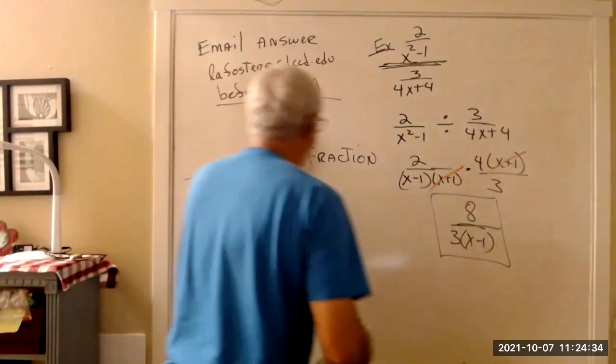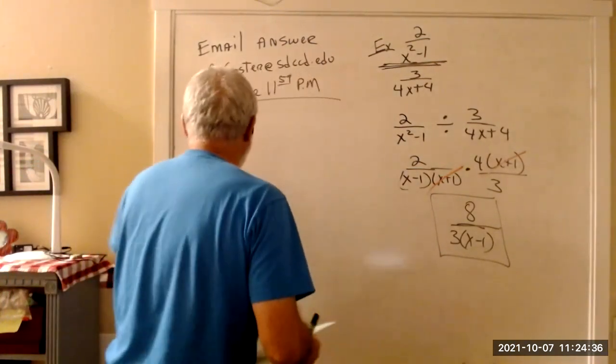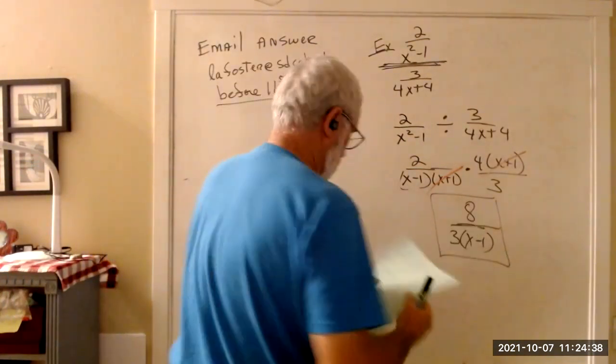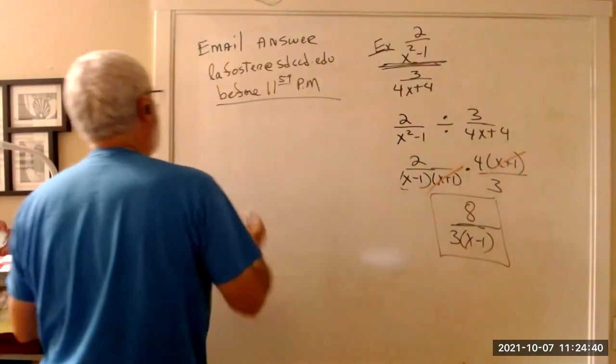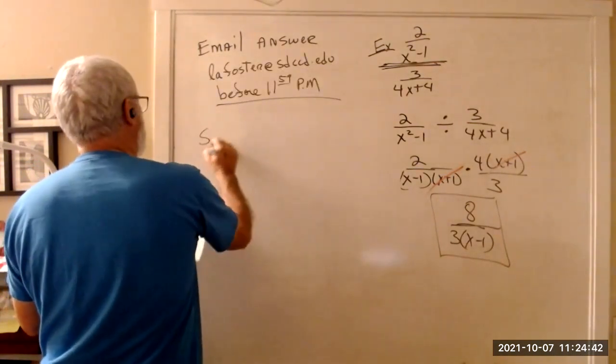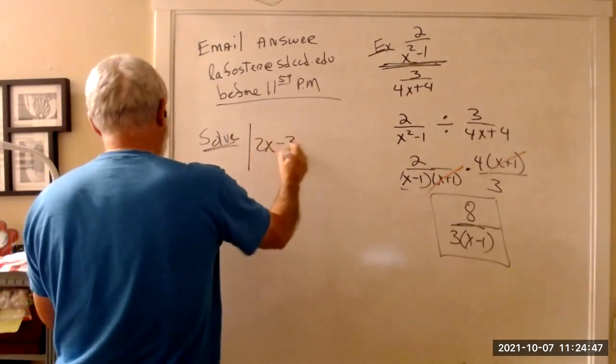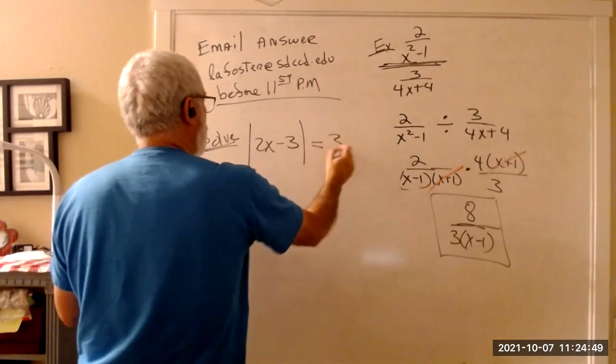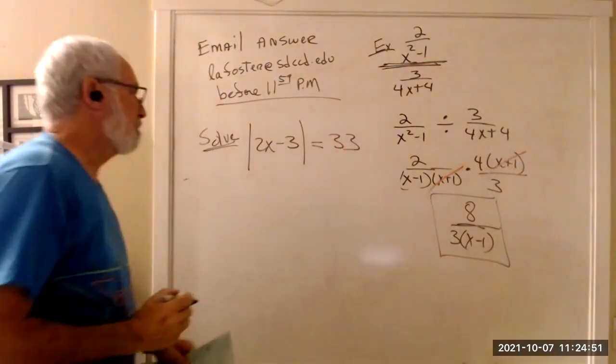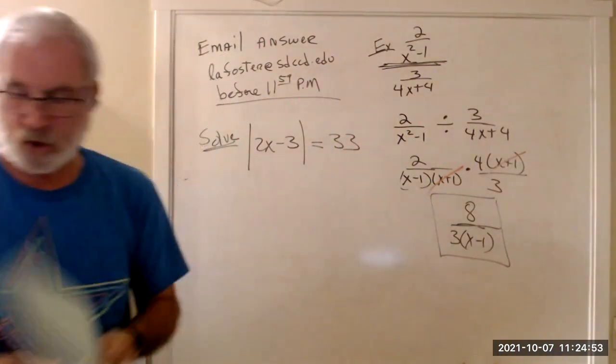I want that before midnight tonight. And I want you to solve this problem. Absolute value of 2x minus 3 equals 33.